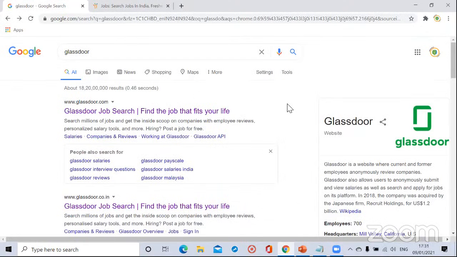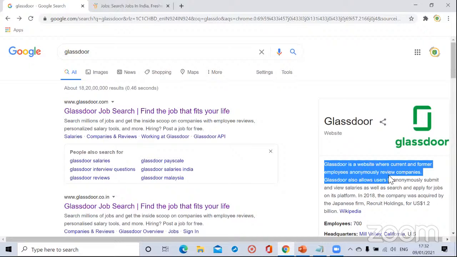You will get the exact situation of that company, because many employees post their experiences on this website. You will also get an idea about the company: their strength, salary, products, services, headquarters, everything. Glassdoor is a website where current and former employees anonymously review companies. So whenever you go for any company selection drive, you can search for that company on Glassdoor.